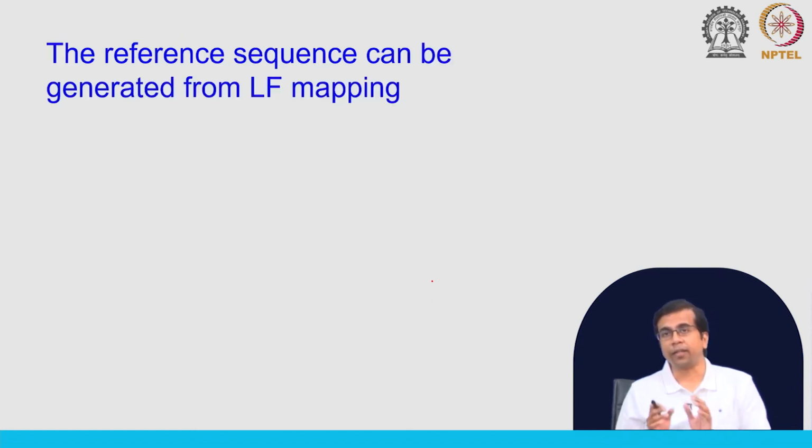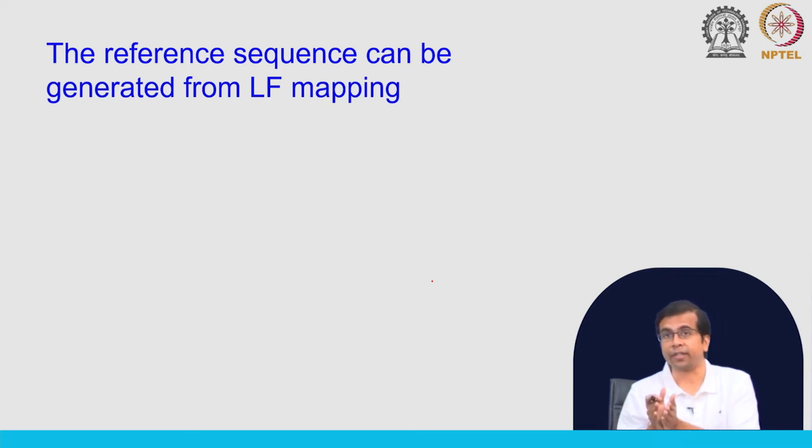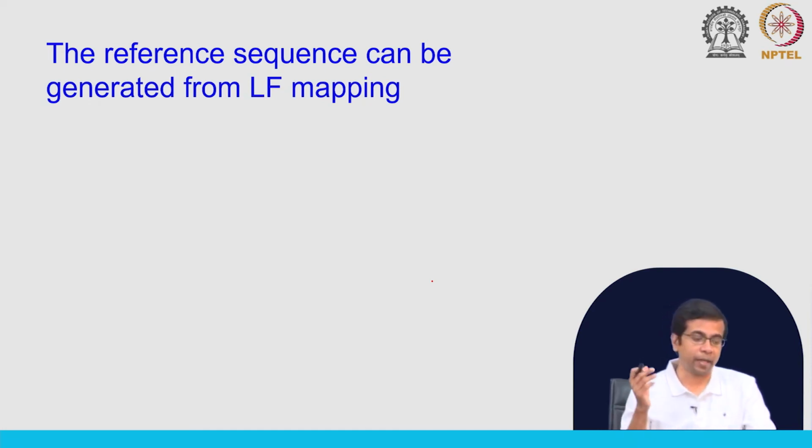Now, we will talk about another property, what we can do with LF mapping. Using this BWT sequence and the property of LF mapping, we can actually generate the original reference sequence. The only thing we need is this BWT, and we can generate the first column from the BWT, and combining these two with the principle of LF mapping, we can go back to the reference sequence.